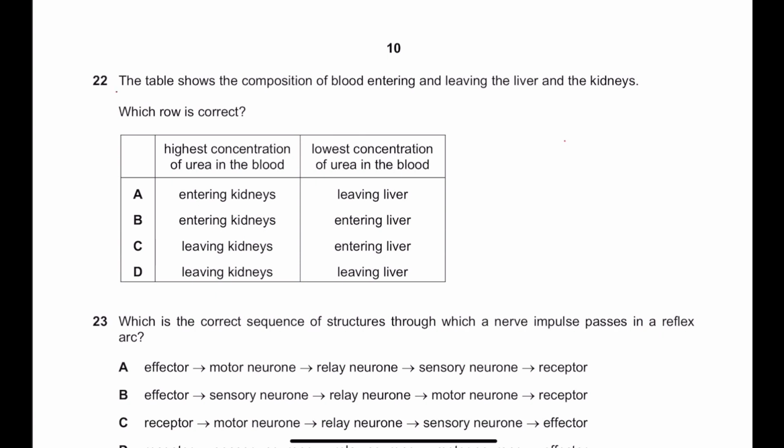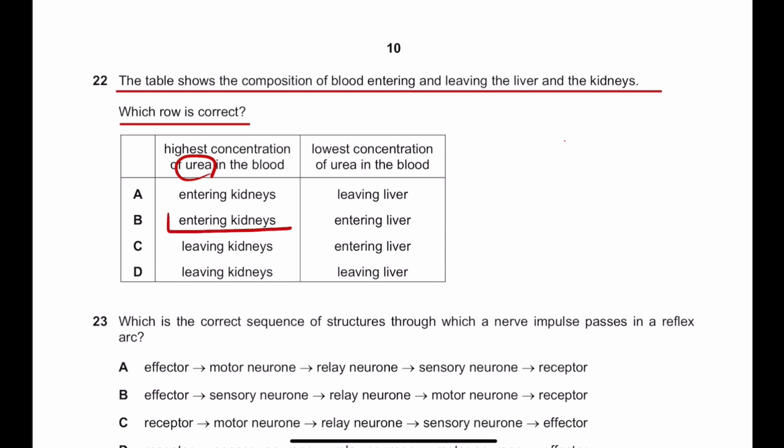Number 22. The table shows the composition of blood entering and leaving the liver and the kidneys. Which row is correct? It's looking at the urea in the blood. The highest concentration of urea can of course be found in the blood entering the kidneys.